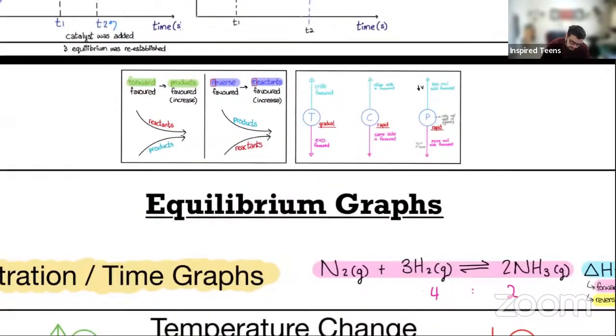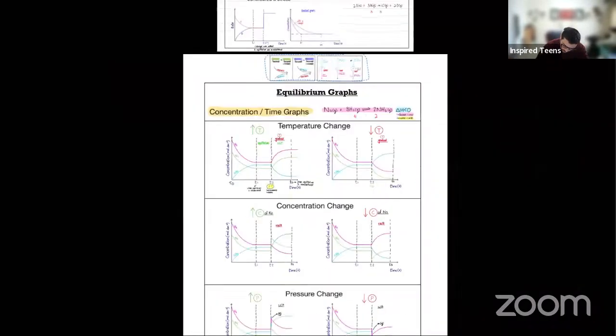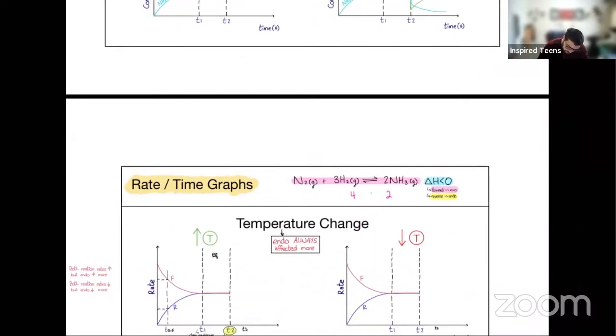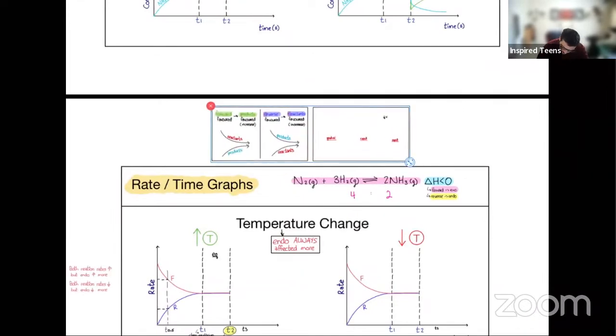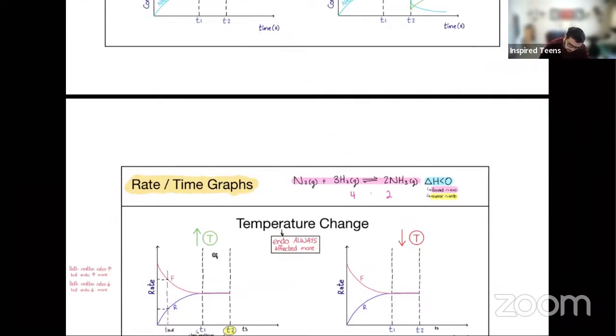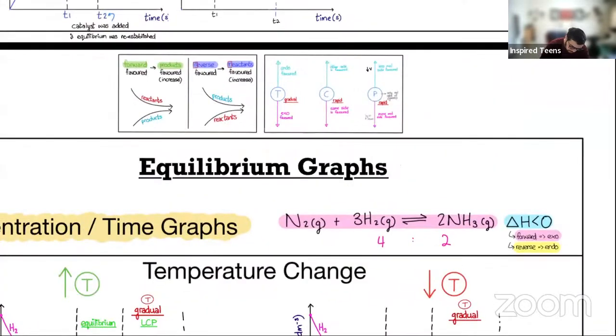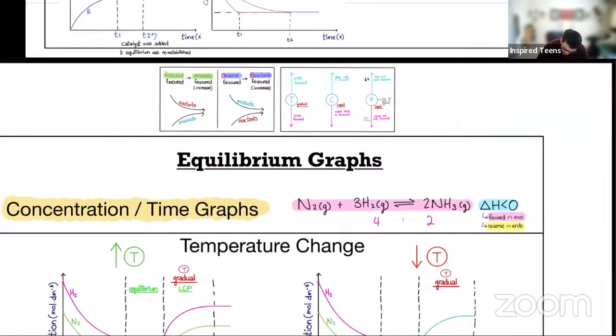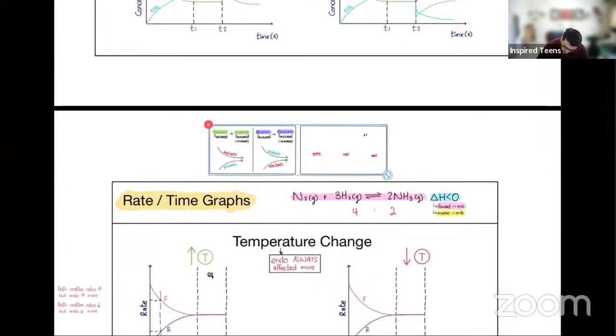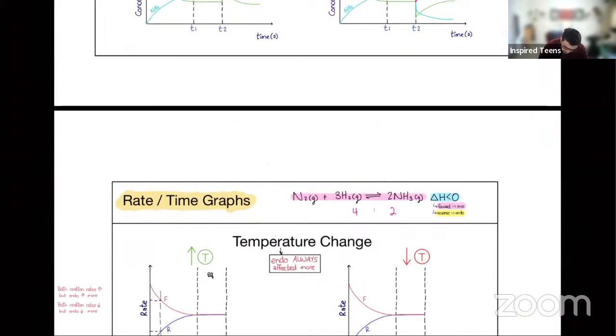So let us steal this again. Sorry, 1 second. And let's put it here. And that's not great. Sorry. 1 second. Why is that happening?